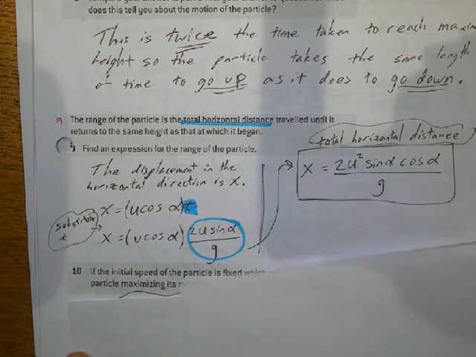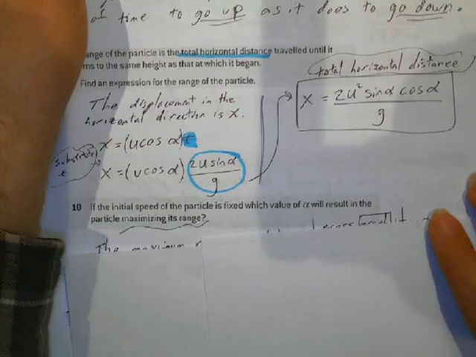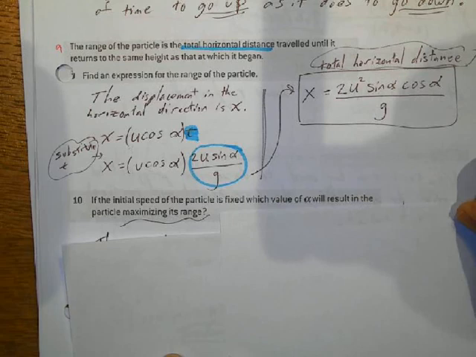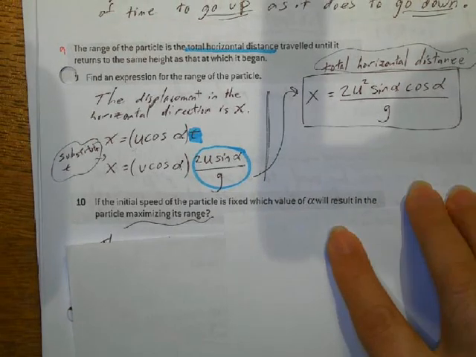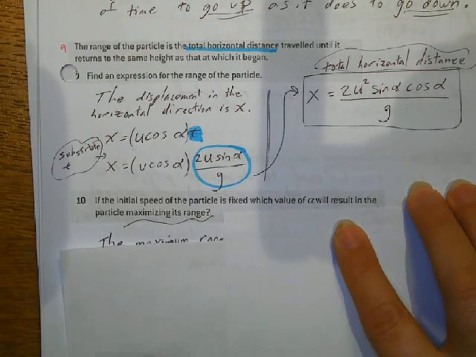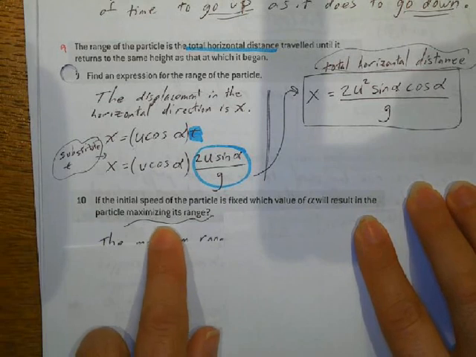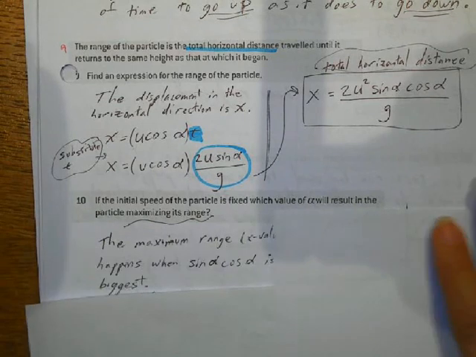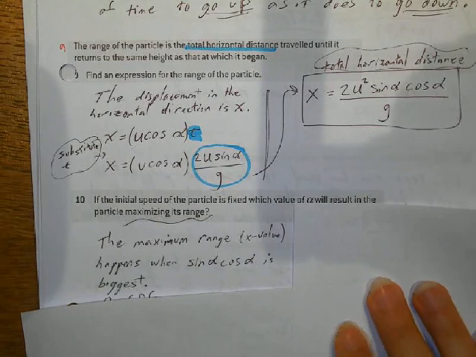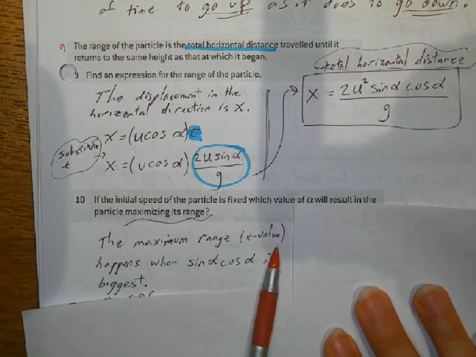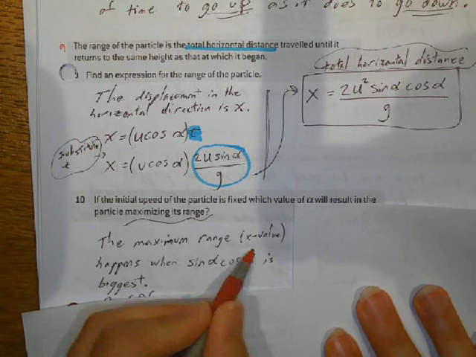Okay. If the initial speed of the particle is fixed, which value of alpha gives the maximum range? Okay. So the maximum range or x value that we're going to get is when this sine alpha cosine alpha is biggest, right?